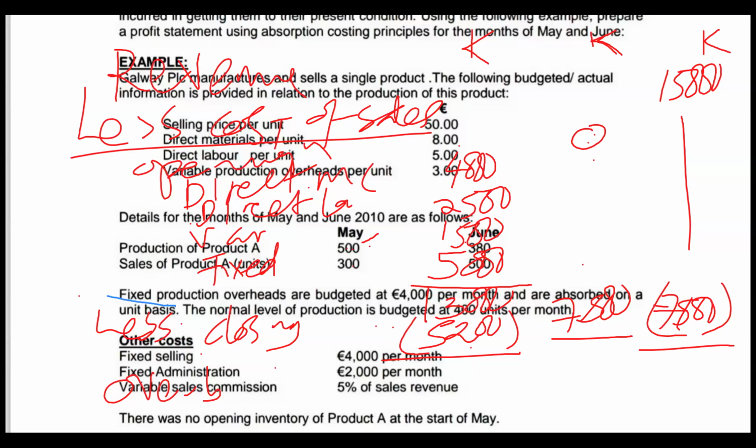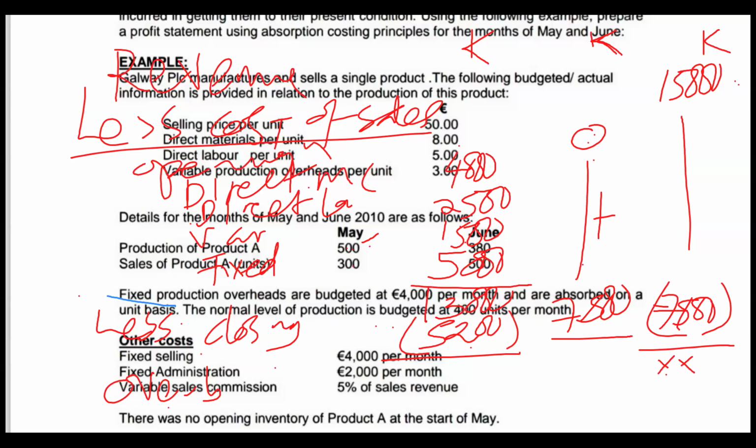So what you're saying is, after finding the total, you push it in the last column and deduct it from the sales revenue, then you have a figure. To that figure is where you add the over absorption, because we don't want our over absorption to be deducted as well.